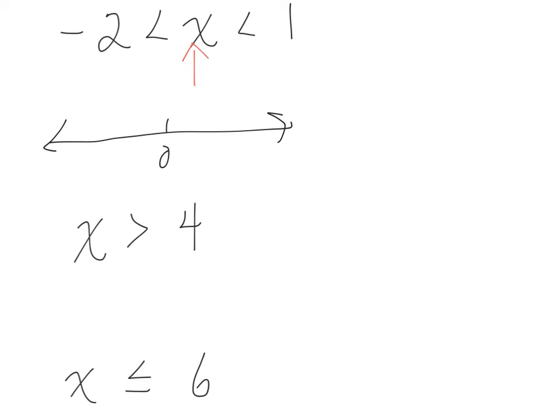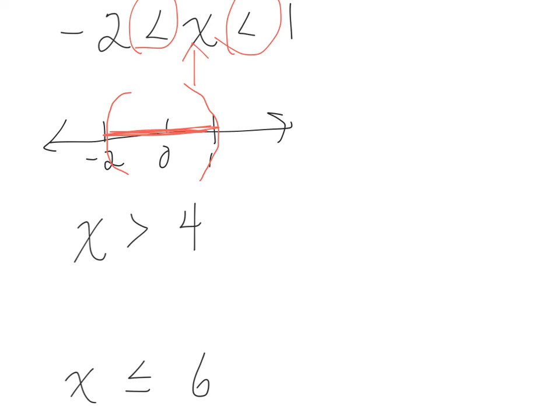So we've got 0 here, that puts negative 2 right about there, and 1 just a little bit to the right of 0. The fact that it's less than and not less than or equal to tells us that it's got to be parentheses and not brackets. So I'm going to put a parentheses facing this direction on the negative 2 and a parentheses facing this direction on the 1, and we're going to shade in between.